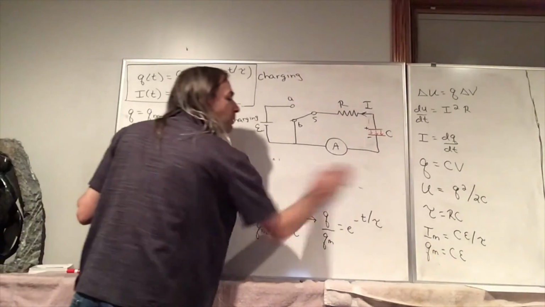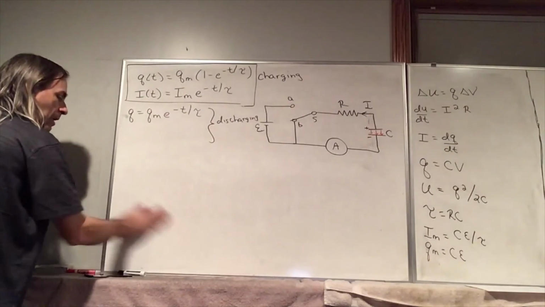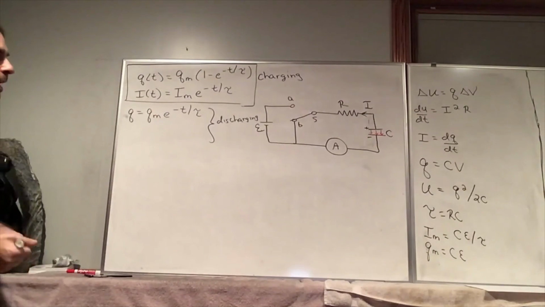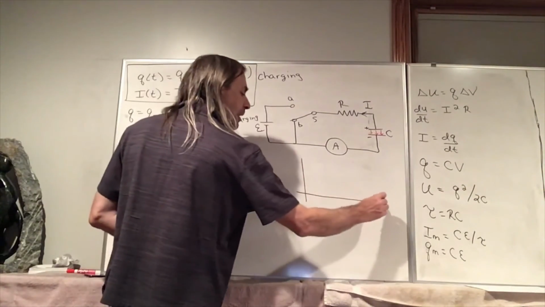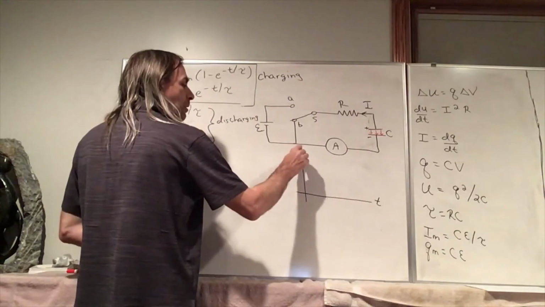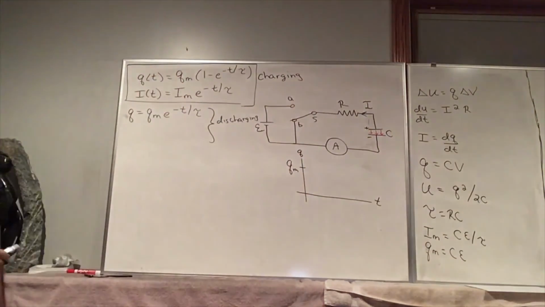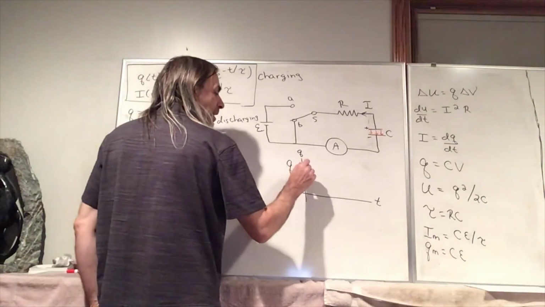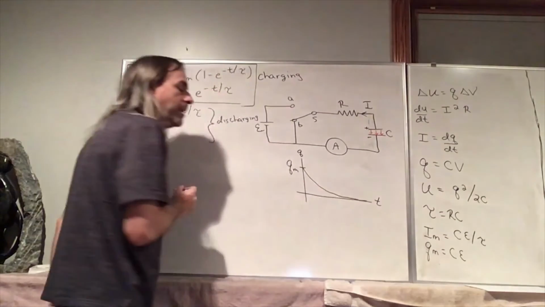And let's plot that. So at t equals 0, e to the 0 is 1. So we start out at our maximum charge, which makes sense because we fully charge a capacitor before discharging it. And then it decays exponentially. So that same e to the minus t over tau is going to give us this exponential drop.